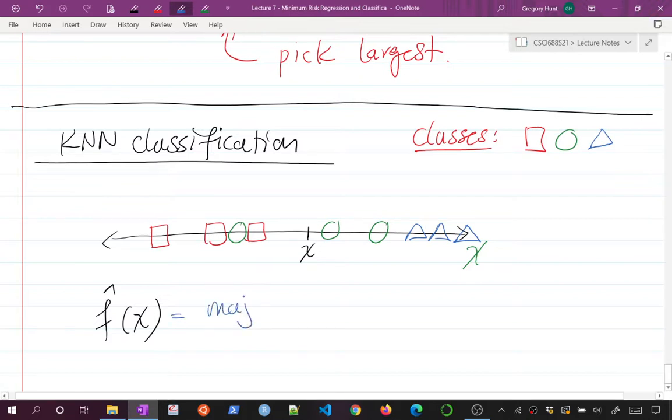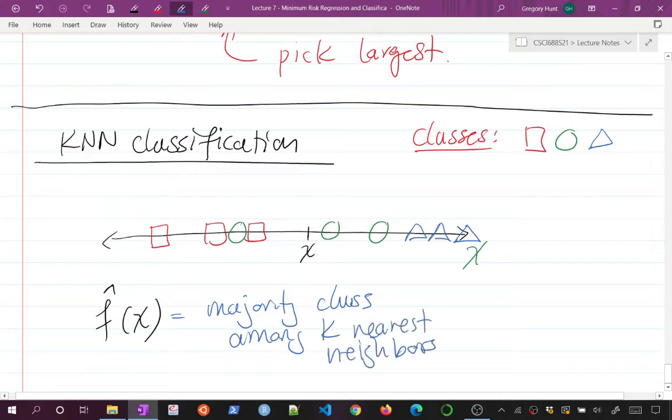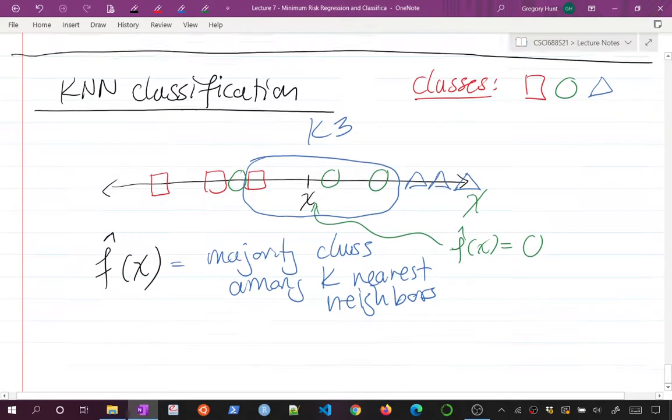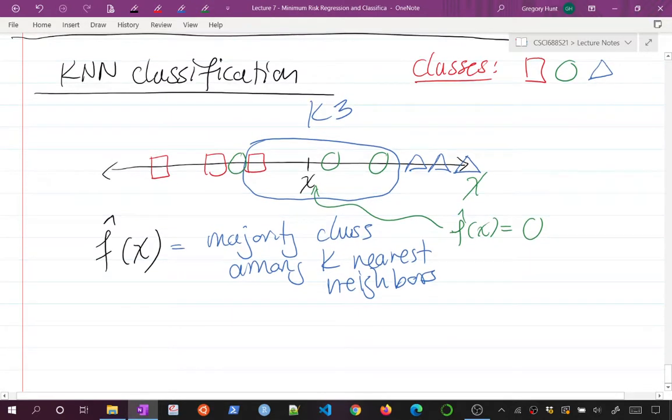It's the majority class among my k nearest neighbors. So if, for example, k is 3, and I'm predicting here, my 3 nearest neighbors are maybe these 3, and in this case my f hat of this x would be green circle. I predict a green circle because the closest points to it are green circles.